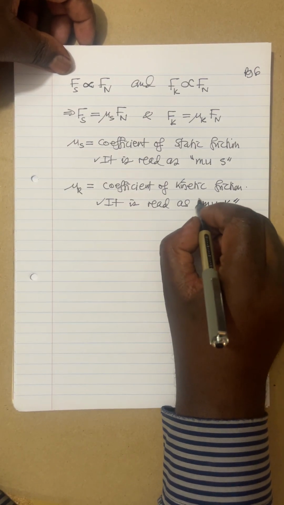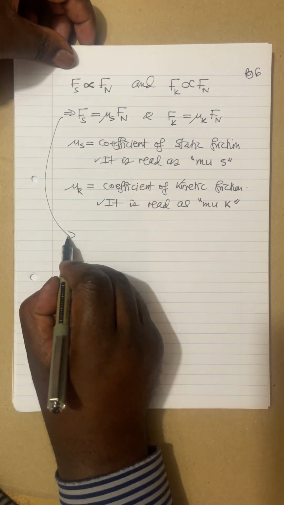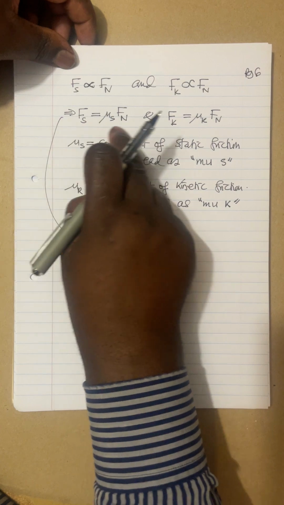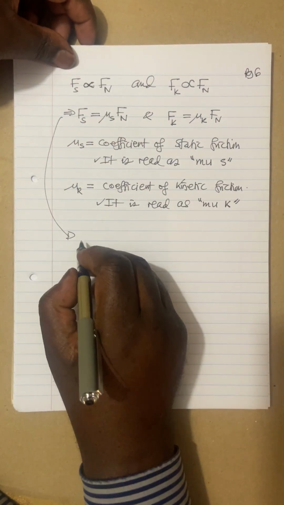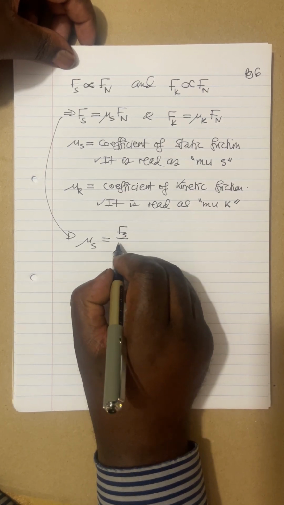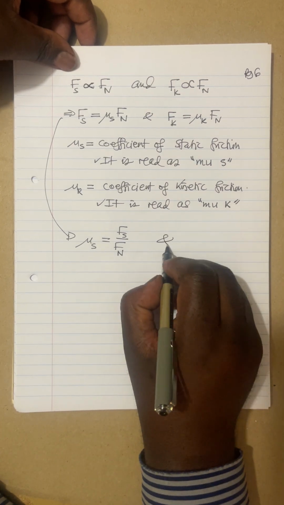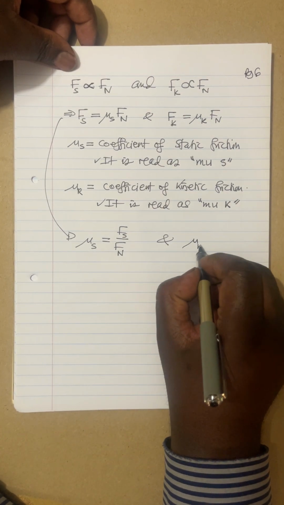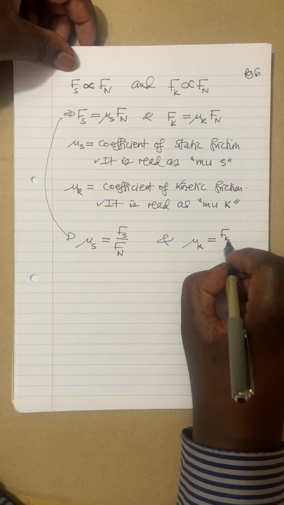Now, I want to talk about these equations a little bit more. If you notice here, Fs equals mu s Fn, we can make mu s the subject of the formula: mu s is equal to Fs over Fn, and mu k is equal to Fk divided by Fn.